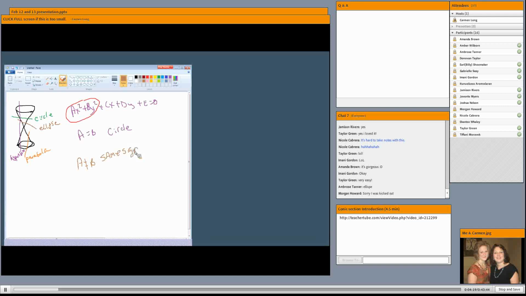It's an ellipse. In other words, if there's only an x squared or only a y squared, it's a parabola. It's only going to be a parabola if one of the squared terms does not exist.